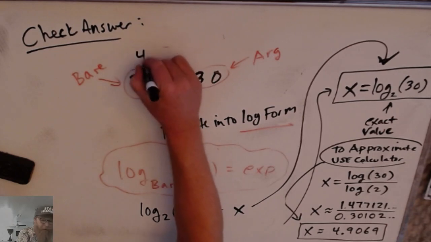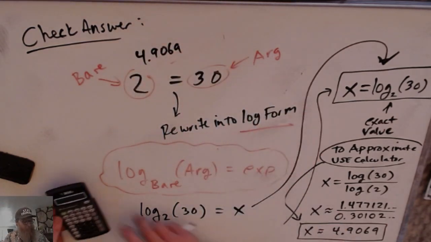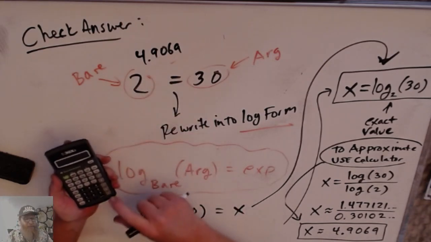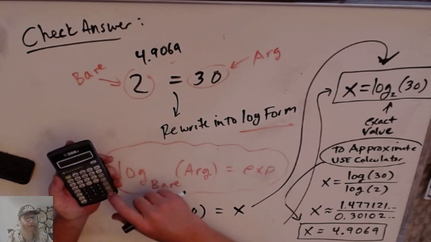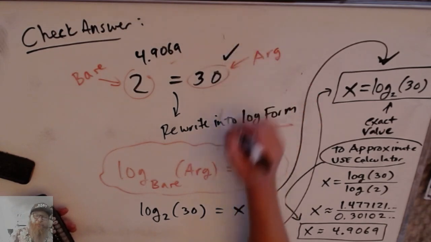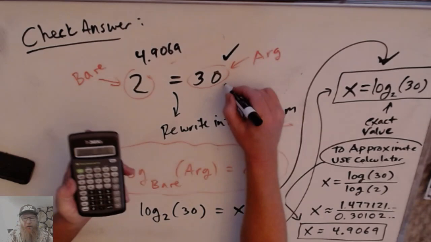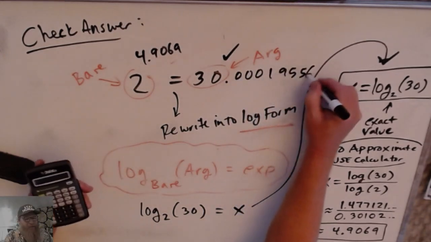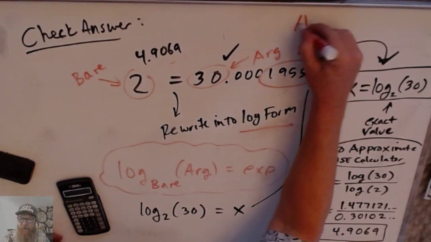If you plug in your 4.9069 and you put it into your calculator, 2 raised to the 4.9069 power, you get 30. Well, you get 30.000195556. This is what we call approximation error.